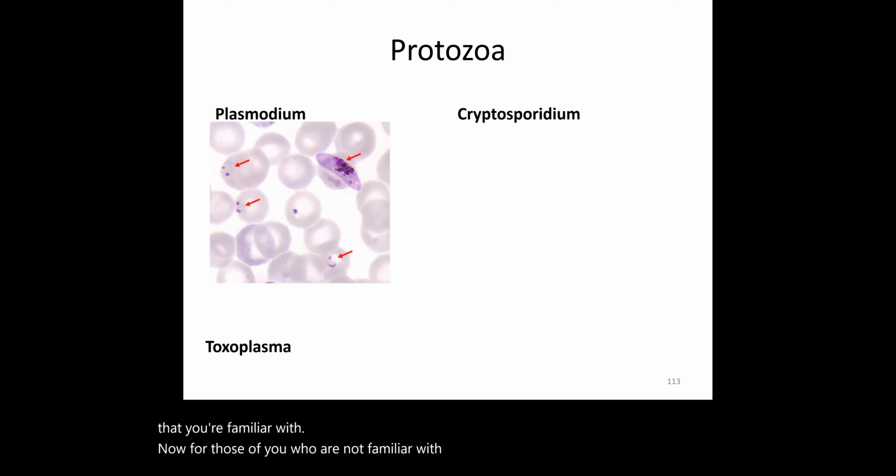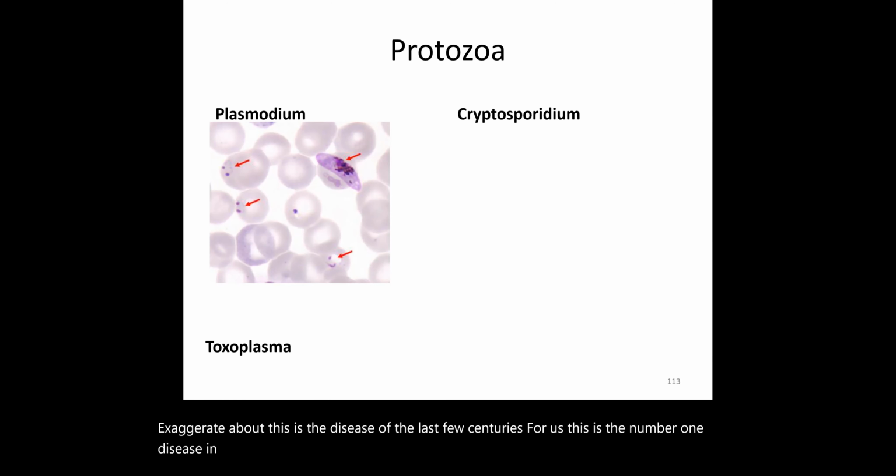The mosquitoes are classified as Anopheles mosquitoes. And like I said, there's nothing I can exaggerate about this. This is the disease of the last few centuries for us. This is the number one disease on the planet. So have fun with that guy.